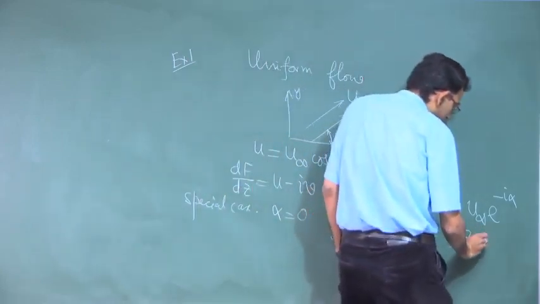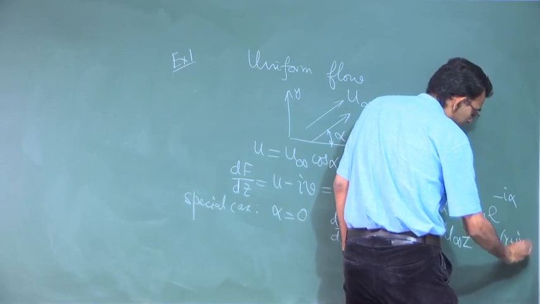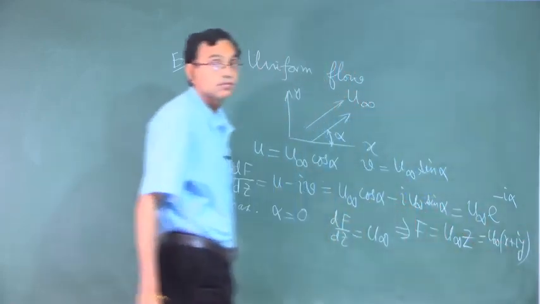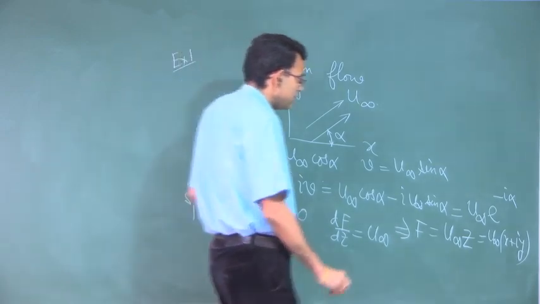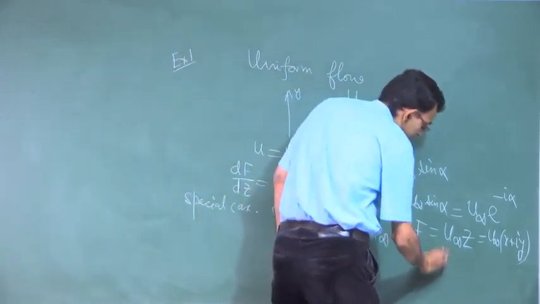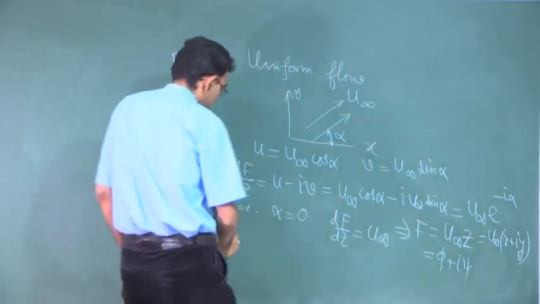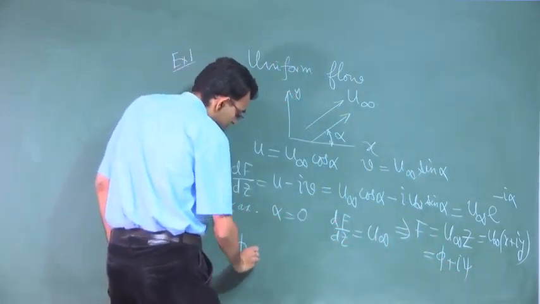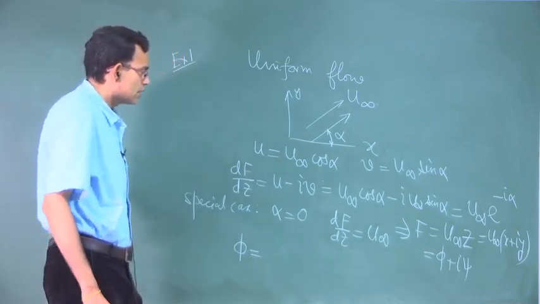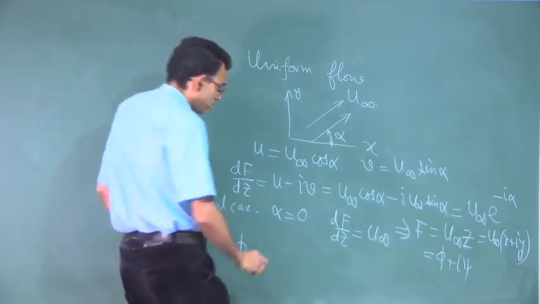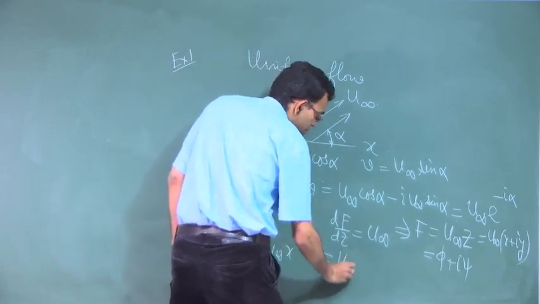So, this is u infinity into x plus iy. So, this is phi plus i psi. Isolating the real and imaginary parts, phi will be u infinity x and psi is equal to u infinity y.